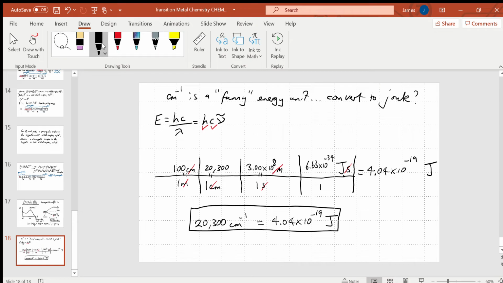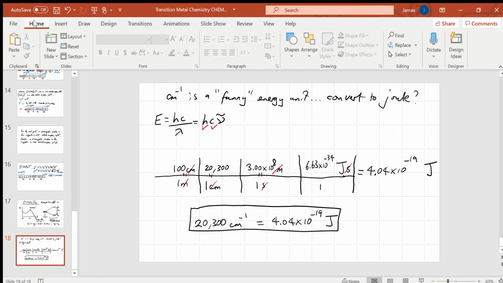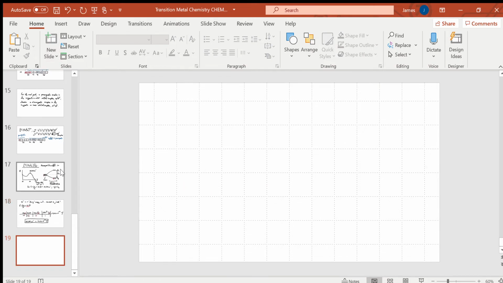Let's spend the next few minutes looking at different typical values of octahedral field splitting. So let's call this typical octahedral splitting values. And we're going to use the funny, although common, unit of wave numbers. Now we can convert it to joules whenever we want.